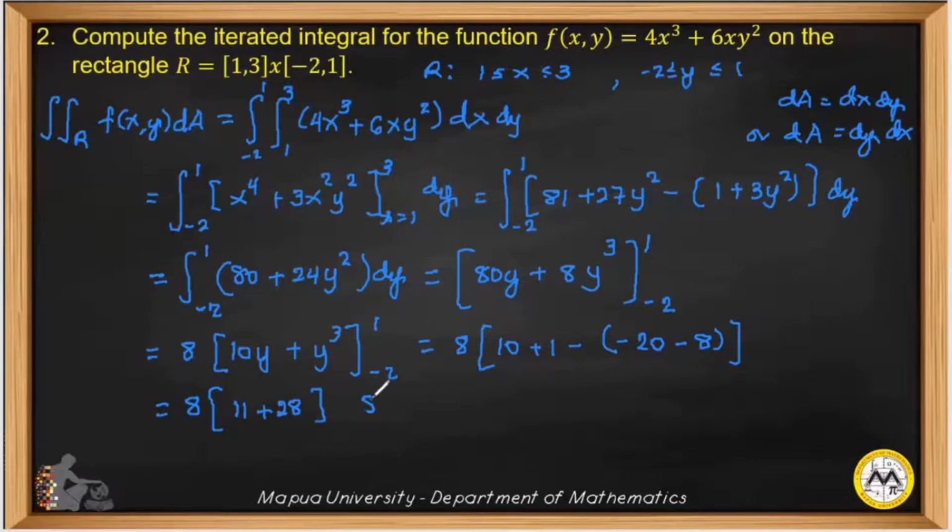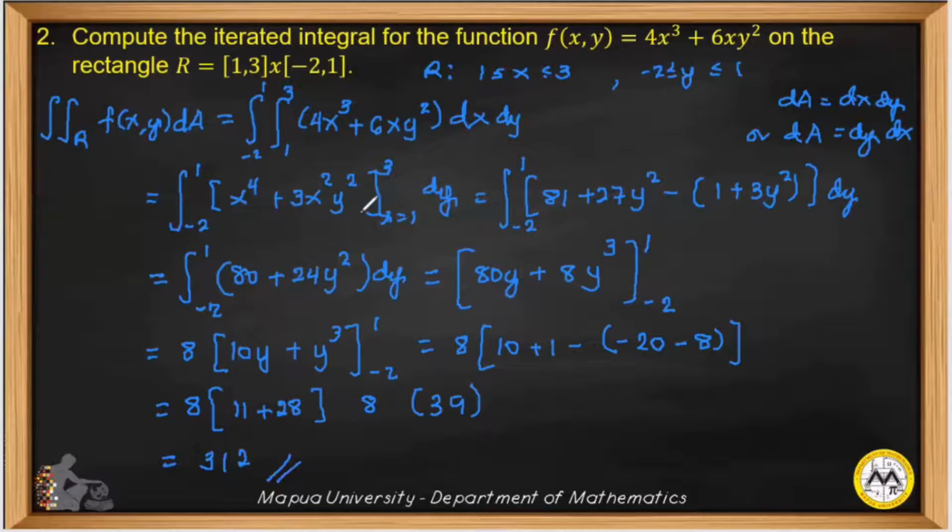And we have 8 times 11 plus 28, which is 39. If we multiply 39 by 8, that gives us 312. So the integral is equal to 312.